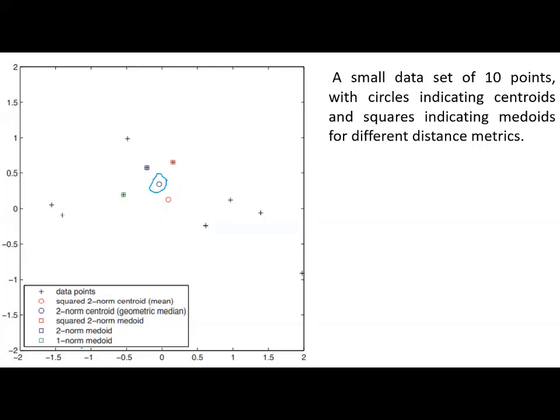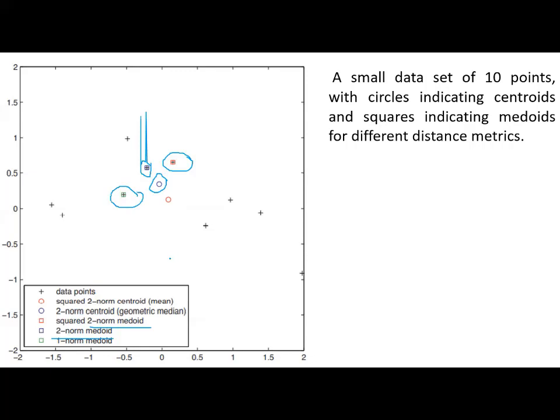Similarly, if you take the 2-norm medoid with another formula, this is the 2-norm medoid, this is the squared 2-norm medoid, and this is the 1-norm medoid.